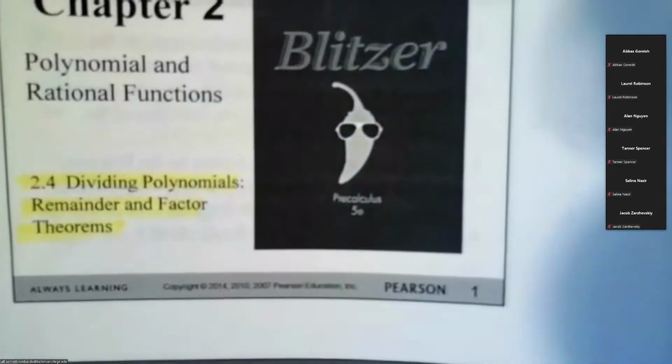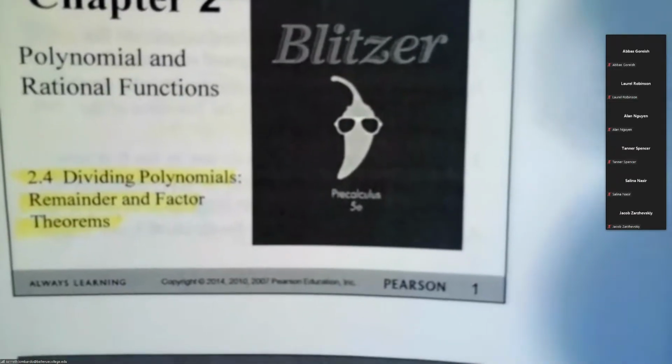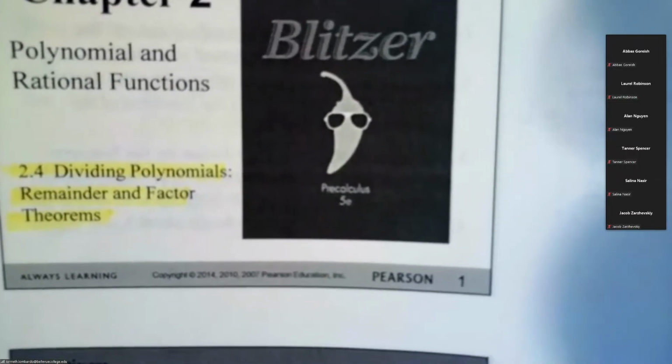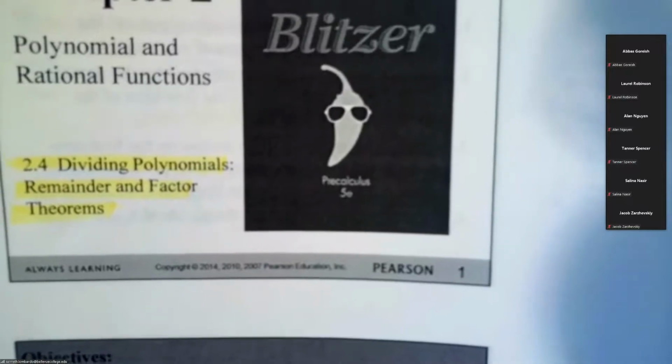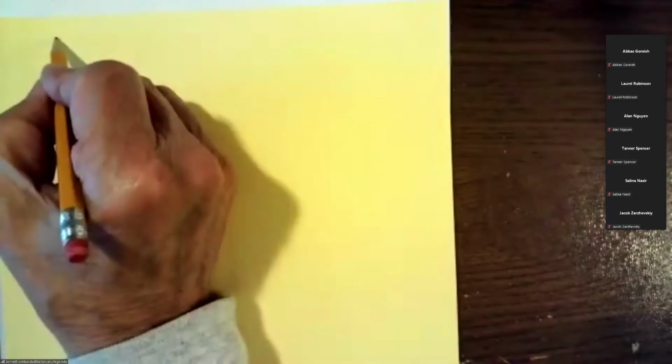Okay, section 2.4 talks about dividing polynomials, and we are going to take a look at the remainder and factor theorem. And let's just take a look at some of the objectives we're going to be doing on this one.